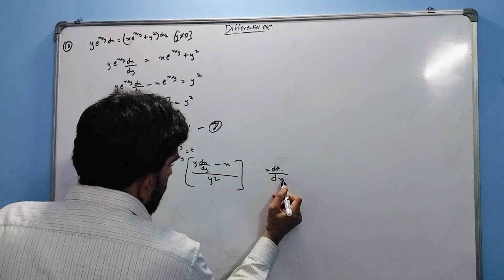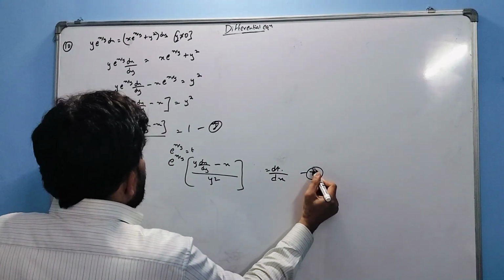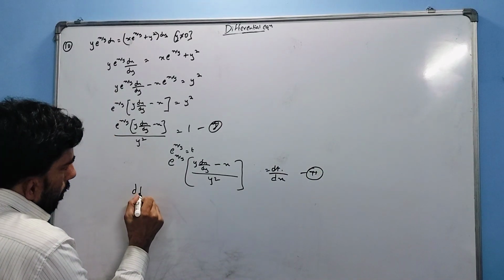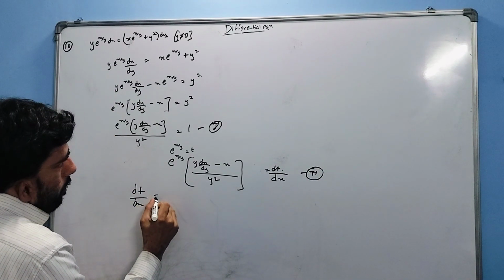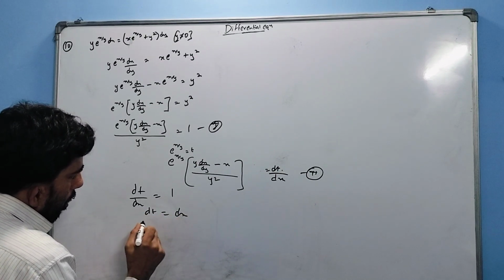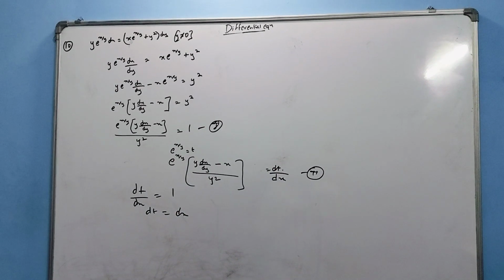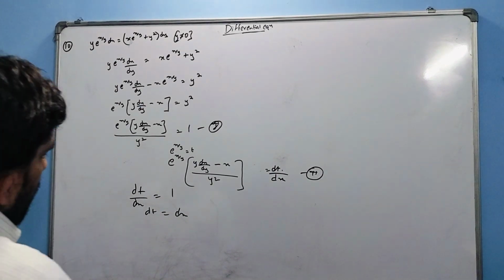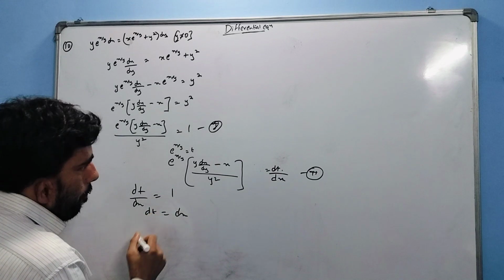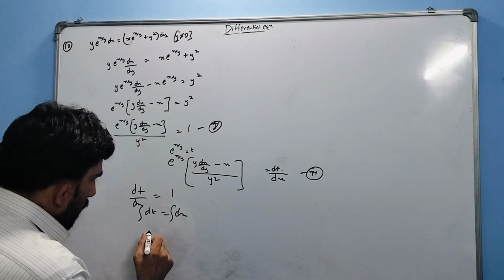Now comparing both, what you got here: dt upon dx is equal to 1, or dt is equal to dx. Now if I integrate this, I get t is equal to x.